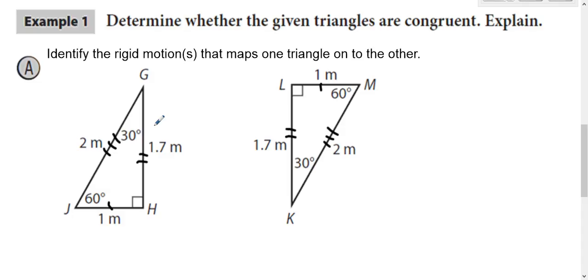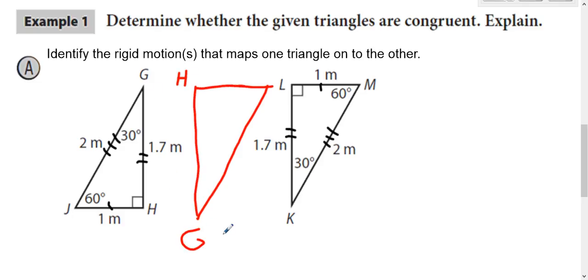which means we could map GHJ onto KLM by just doing a rotation. We'd have to just rotate and then it would match up. They would look side by side. So if you rotate this triangle, it would match up. It would look this way. H would be there.